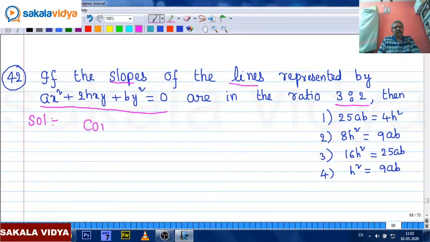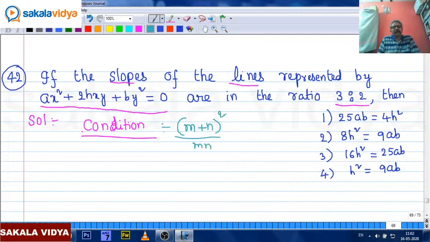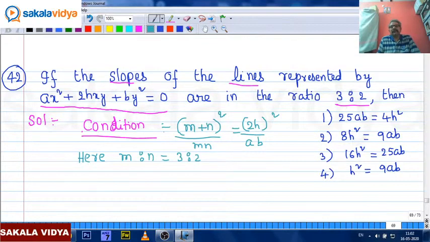The condition is (m+n)² upon mn equal to (2h)²/ab. Here the ratio m is to n is equal to 3:2.